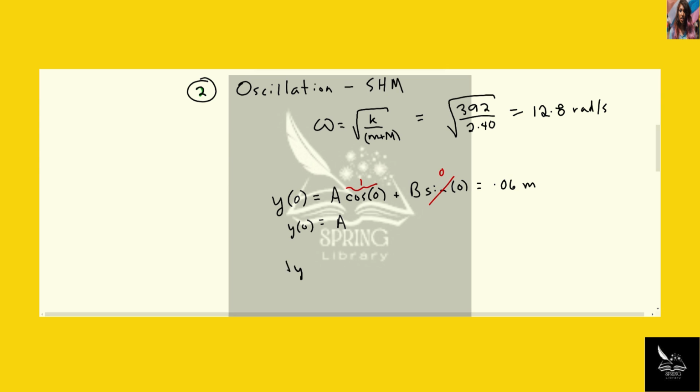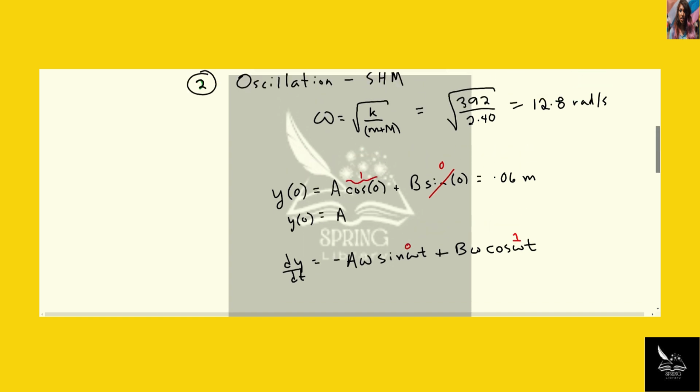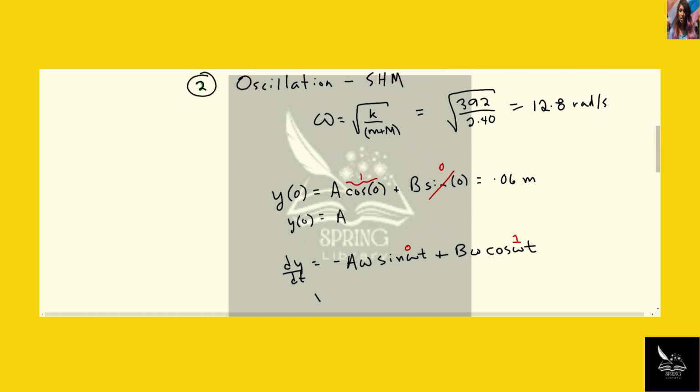If we take the derivative of that oscillating set with respect to time, we can relate to the initial velocity, the 0.55 meters per second. Okay, so we'll take the derivative of that oscillating function and the cosine and sine terms switch. So we see that the velocity at time t equals 0 is actually related to the b constant.